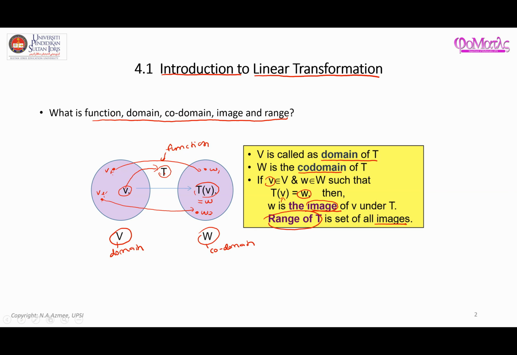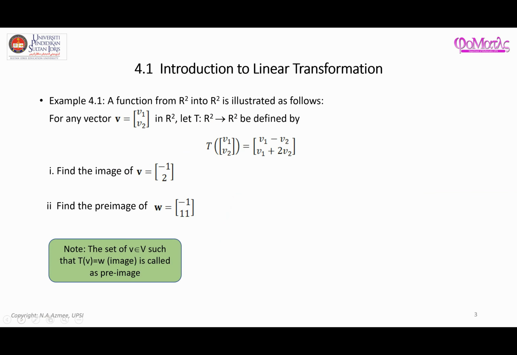And what we did just now is a sort of transformation. We transform something here using this transformation function and we get something else. Here is an example. We have a function that is going to transform this vector space with 2 dimensions into another vector space also with 2 dimensions.